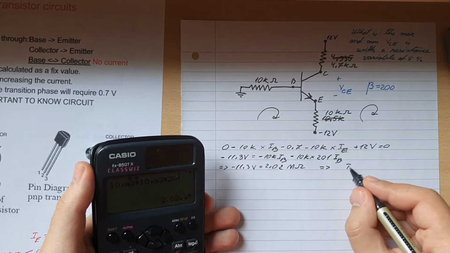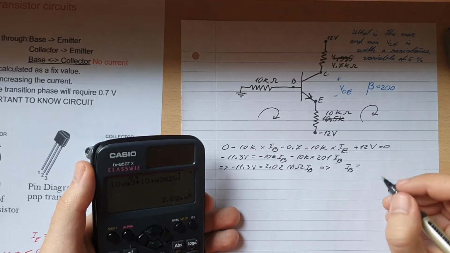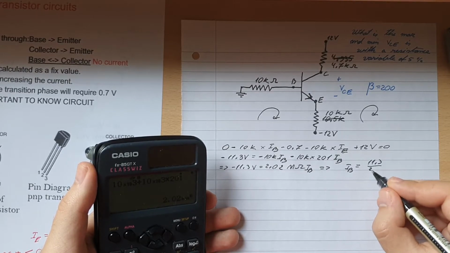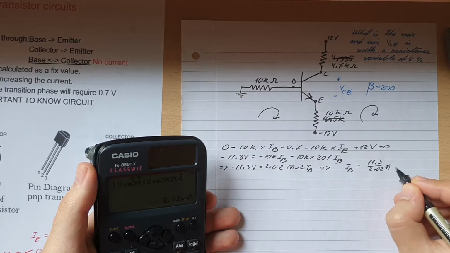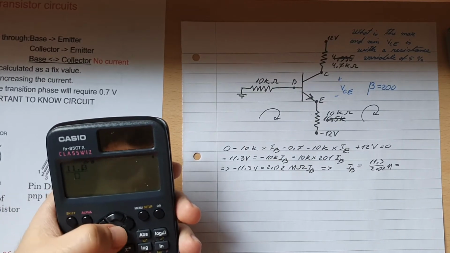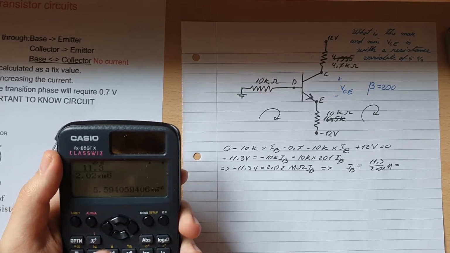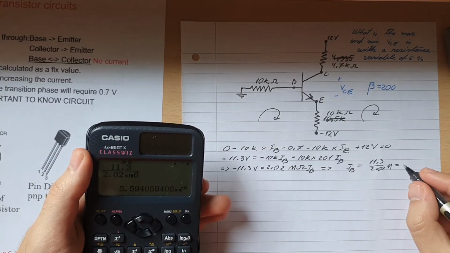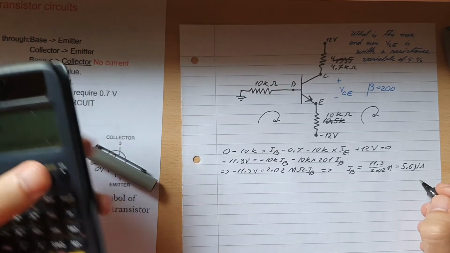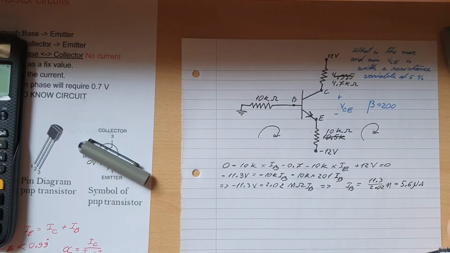Therefore IB will simply be equal to 11.3 over 2.02 mega, and that's equal to 5.6 microamps. Alright, then the next step will be to calculate the VCE.